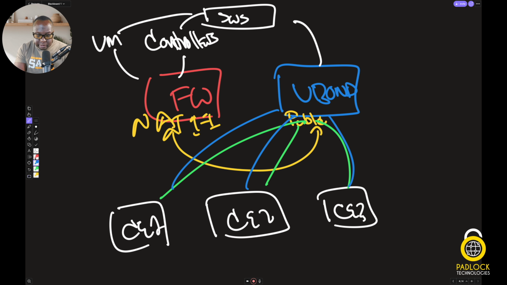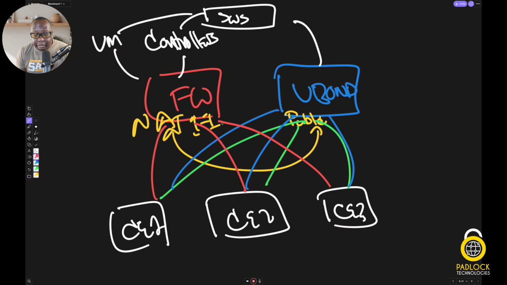So now the cEdges will be able to communicate with the controllers and the vBond via its public IP address, because that is what the vBond, or the orchestrator, is going to send to the vEdges. That is a key difference when you do this on your own.